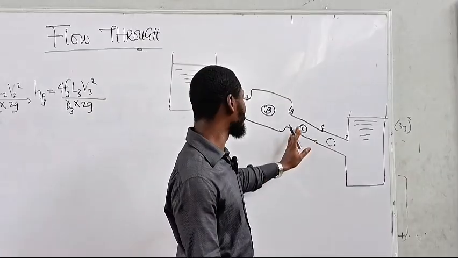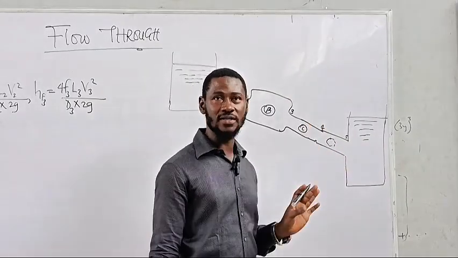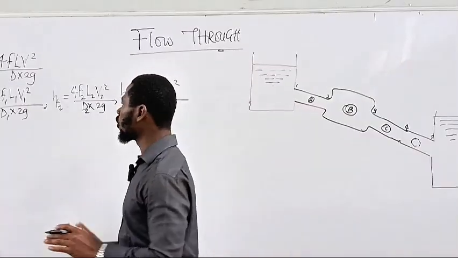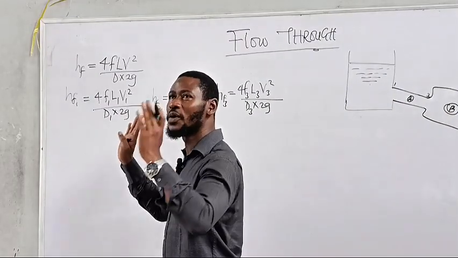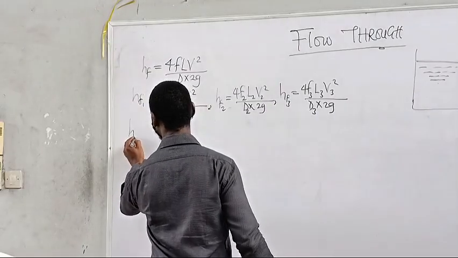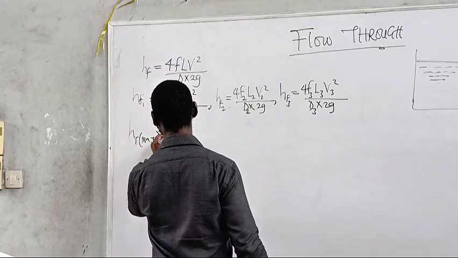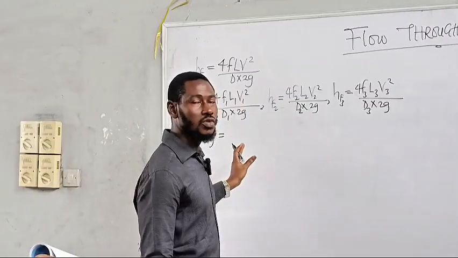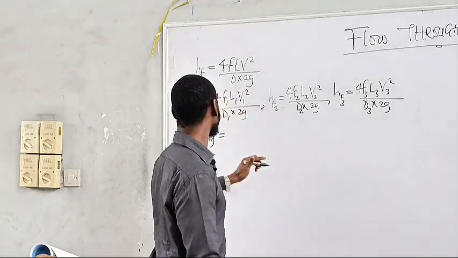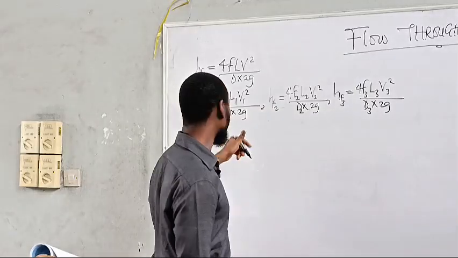But the only thing at this level is when we are considering the minor losses. That's where we are going to look at this. But in a situation, you have to add up all the major head losses together. So you have H total of major. Something is common to these 3: 4 is common and 2g is common.